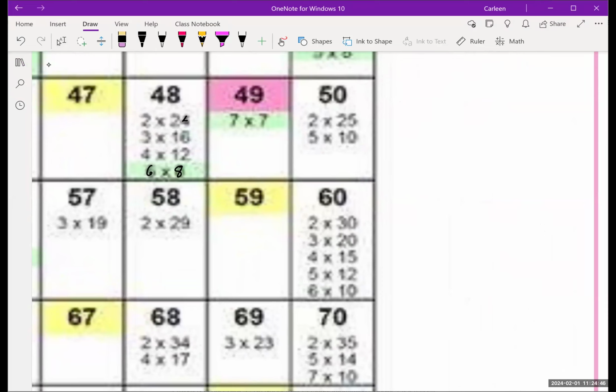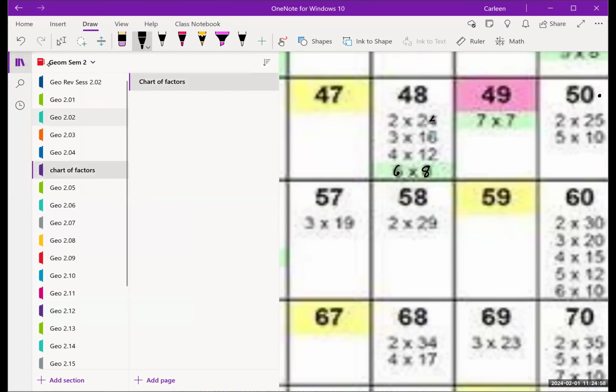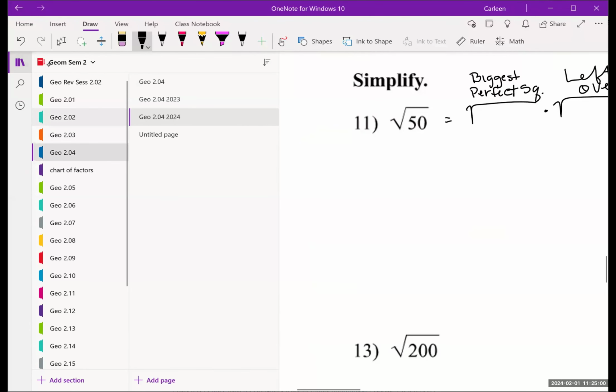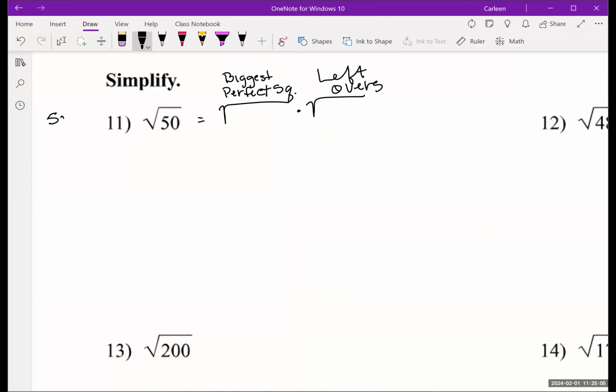The chart of factors, 50 times 1 is the first one, will give you all of the factors of 50, not the prime factors, all the factors, the list of factors. So let's go back. Okay, so we see that we have 1 times 50, 2 times 25, 5 times 10. We got that from the chart of factors. Those are all the factors of 50.